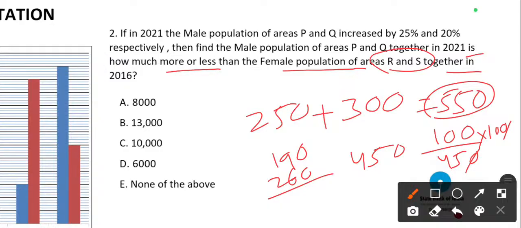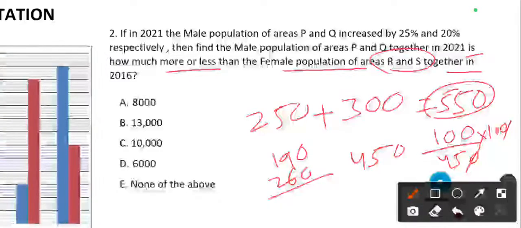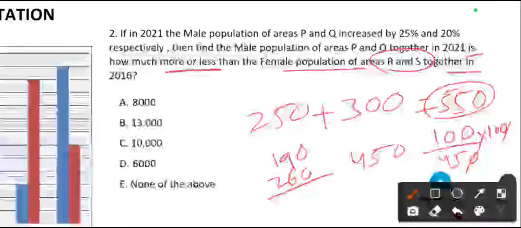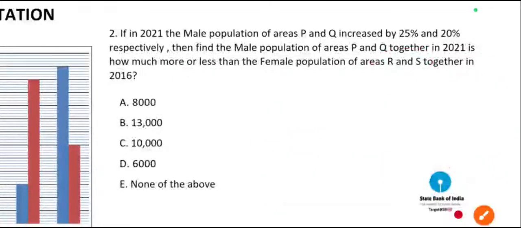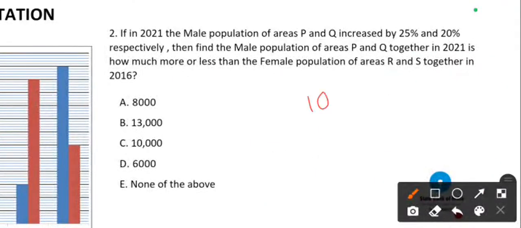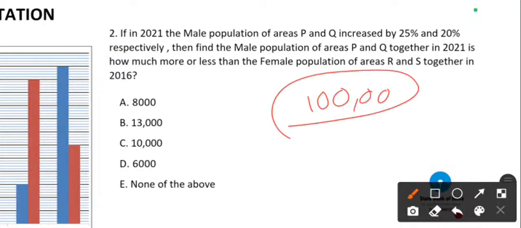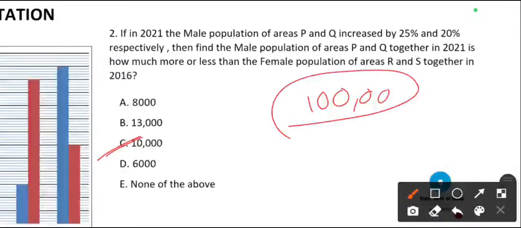Here it is not talking about percentage, so we need to see the difference of 100, and these are in hundreds, so the answer will be 10,000. Option C is the answer.